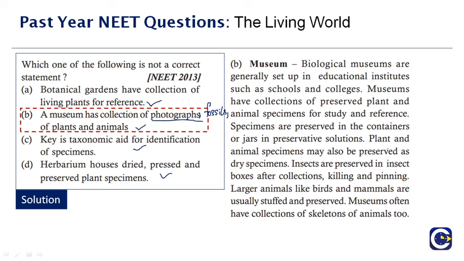People will come, see, understand, and come to know what all has been in this world, in this universe. They'll come to know many new things, and this will make them more interested in studying. They will have a lot of specimens in a museum where they store them, and you can see them visually. So this is the answer for this question, option B.